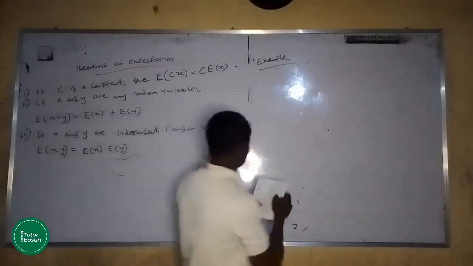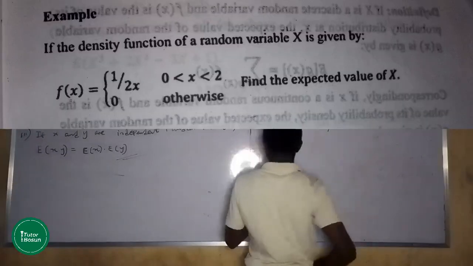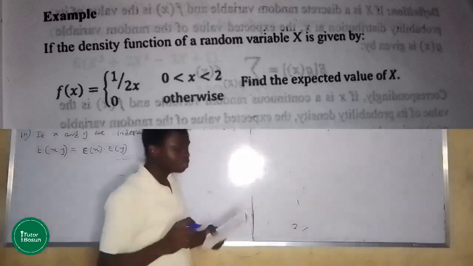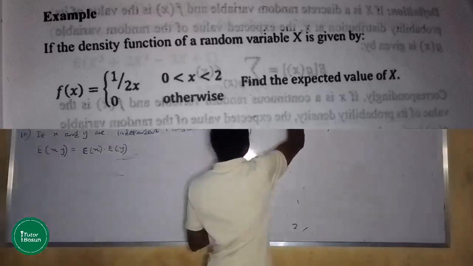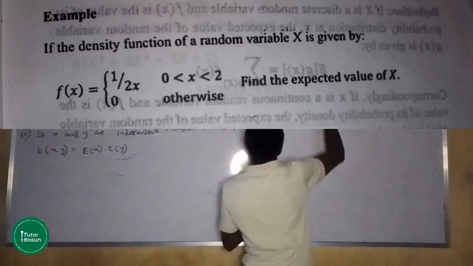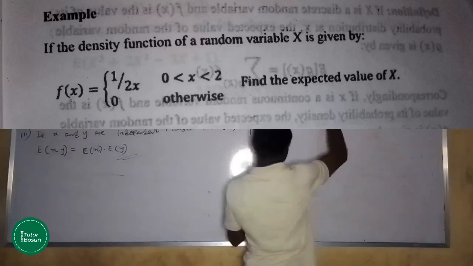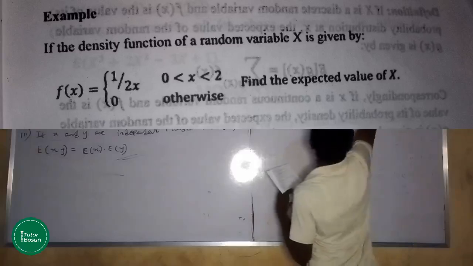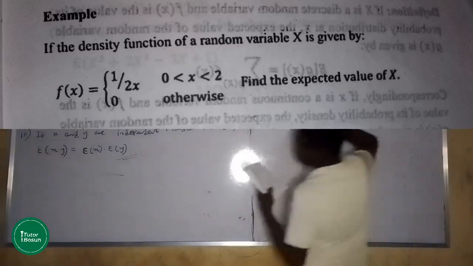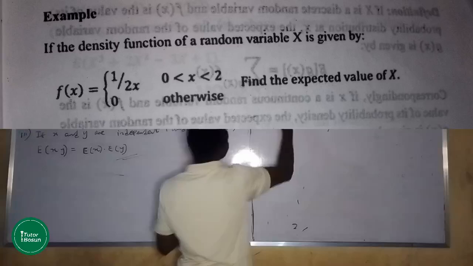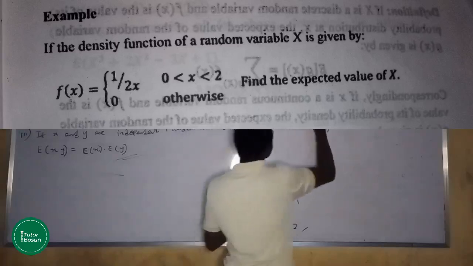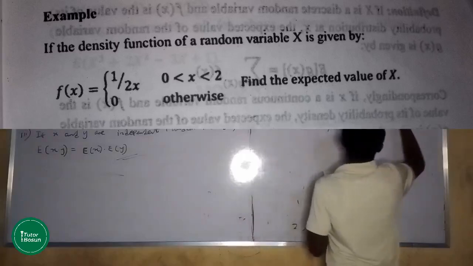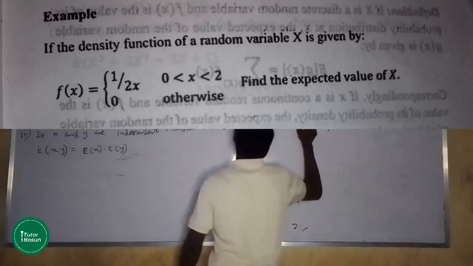So the example I'm having here says: if the density function of the random variable x is given by f of x equals 1 over 2x, 0 otherwise, and this is for 0 less than x less than 2. Find the expected value of x.